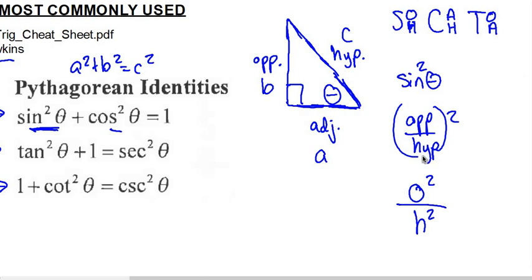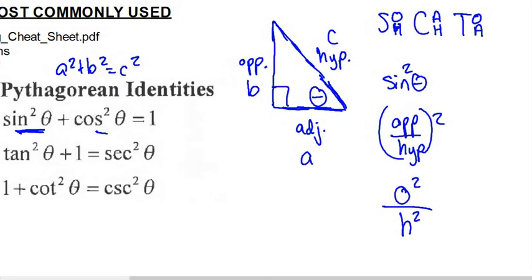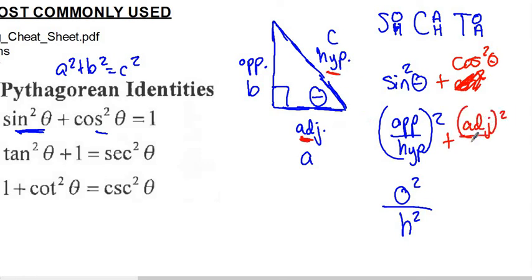Then after that we have the cosine squared of theta. Well, the cosine is equal to adjacent over hypotenuse, so it's adjacent squared over hypotenuse squared, and we'll just abbreviate that as A squared over H squared.